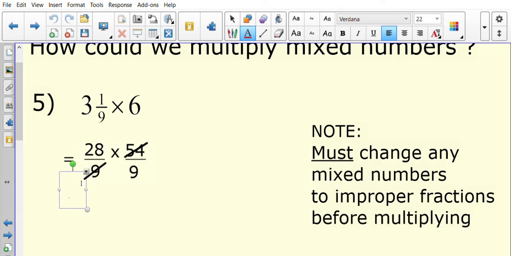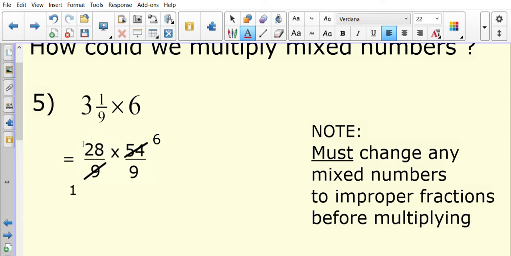So 9 divided by 9 leaves me with 1, and 54 divided by 9 leaves me with 6. Now I can't divide on this diagonal, so 28 and 9 are not diagonally divisible.